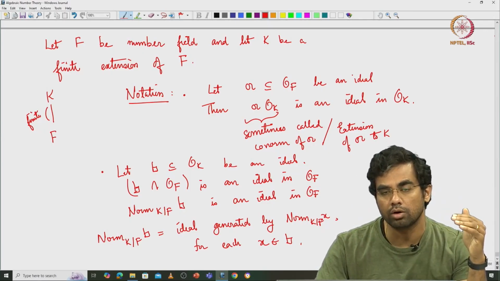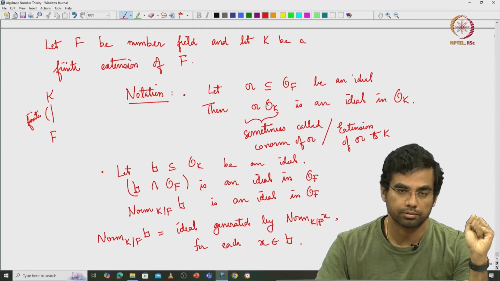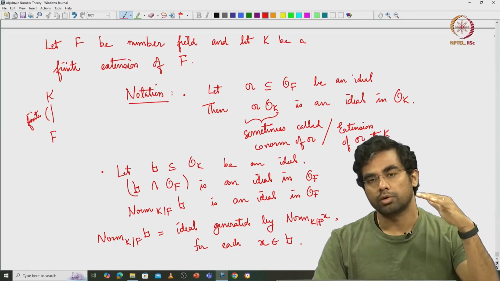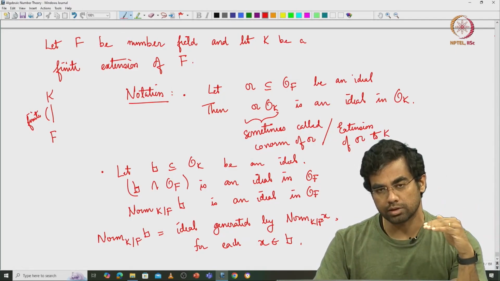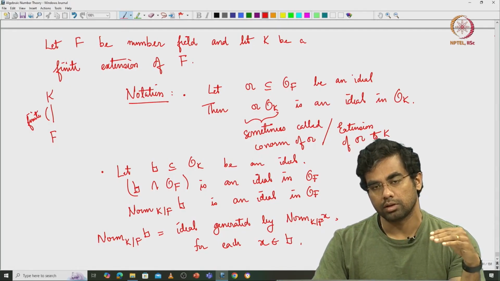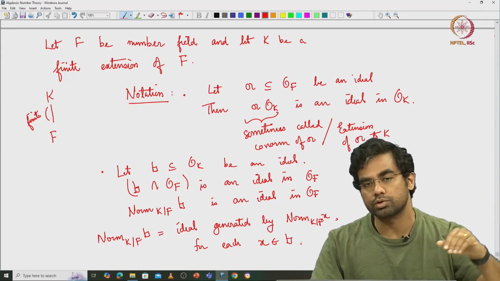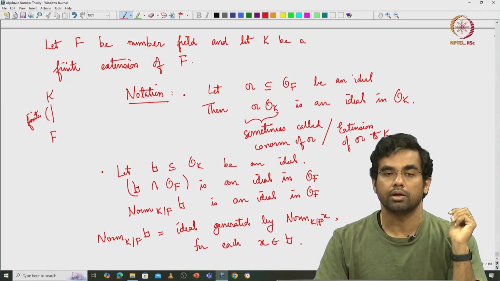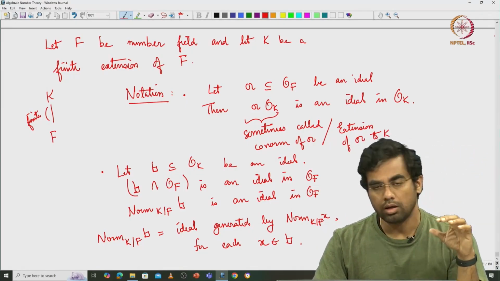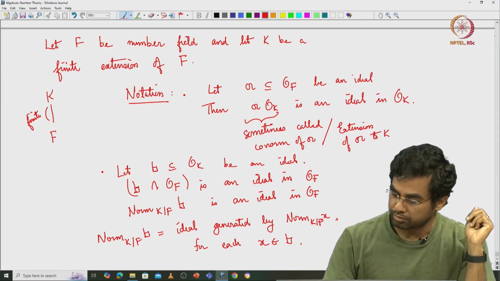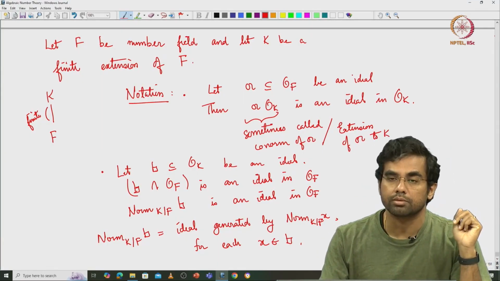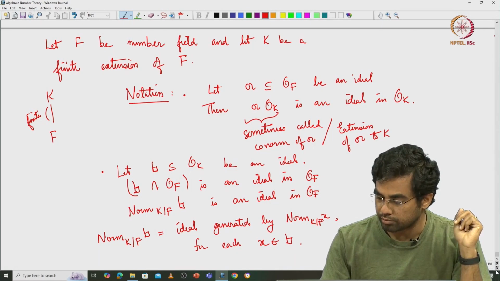You either take norm or you take intersection. But if you start with an ideal in the bottom field, then generally there is only one way of getting an ideal in the bigger one, which is you just take the ideal generated by A in OK, and we denote it as A times OK.